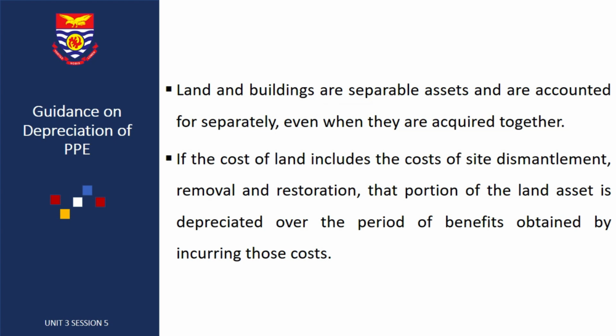The cost of the site dismantlement, you have to dismantle the site, you have to remove and restore. That portion of the land has to be depreciated. So the question will break it down for you. Then you depreciate it over the period of benefit obtained by incurring those particular costs.